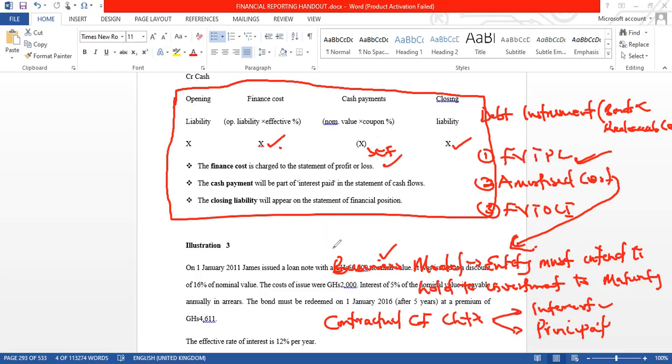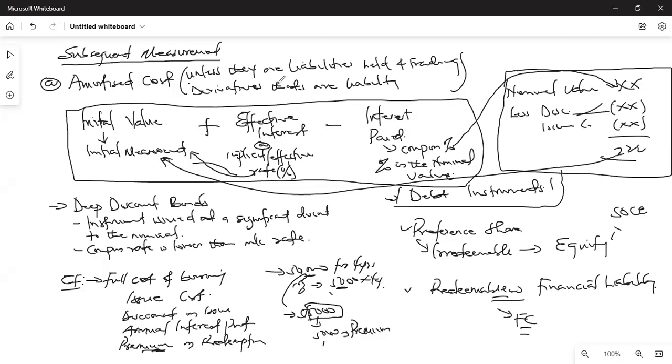So let's just look at the illustration, and probably we will talk about the compound instrument. There are some illustrations. Just take your time and view this, because once we step into the illustration, I will need your input on them.